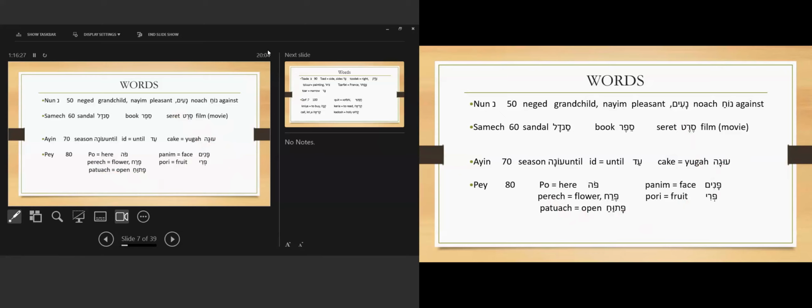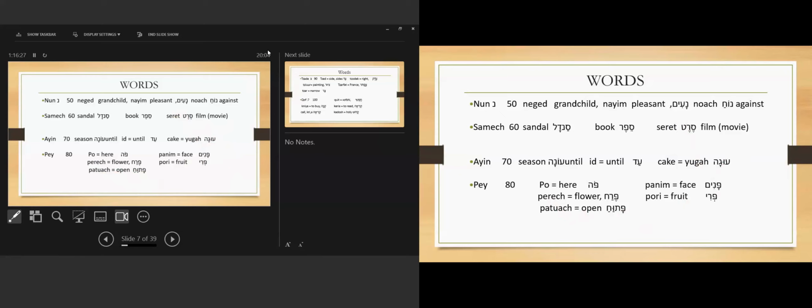In English, it's sandal, but in Hebrew, it's a sandal. Put on your sandalim, and let's go down to the coast. Let's go down to the water. Sandal.